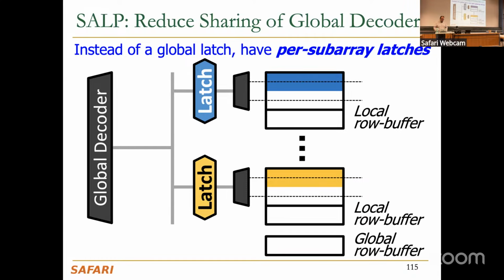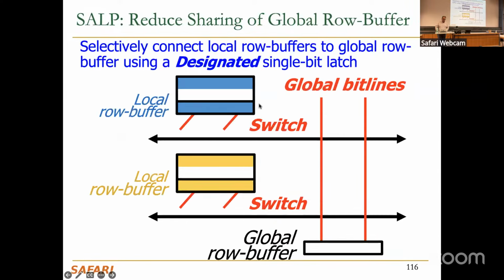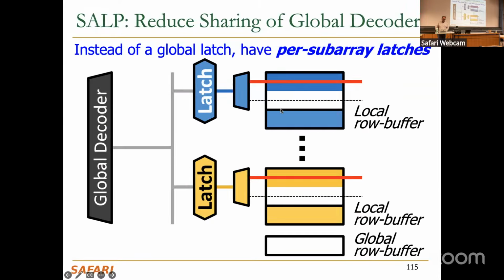For example, you provide the address for the blue subarray and latch it, and then you provide the address you want to access for this yellow subarray, and you latch it. Make sense? That's the way we try to break the dependency at the global decoder. With that, you can potentially provide parallel accesses to the subarrays, and they can read, activate, and have the data in the local row buffer.